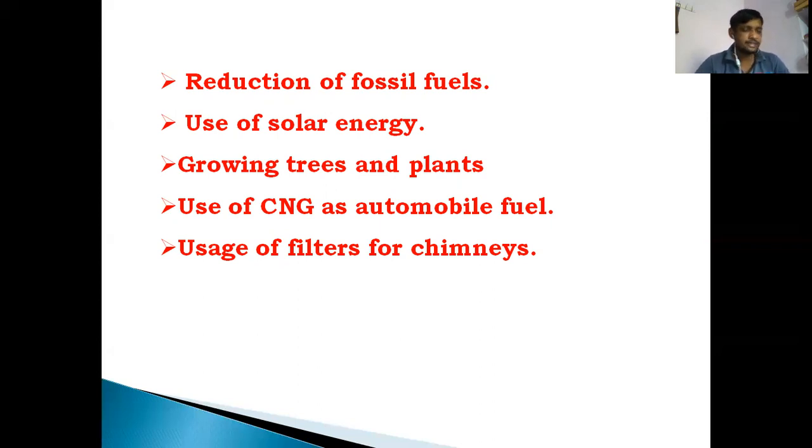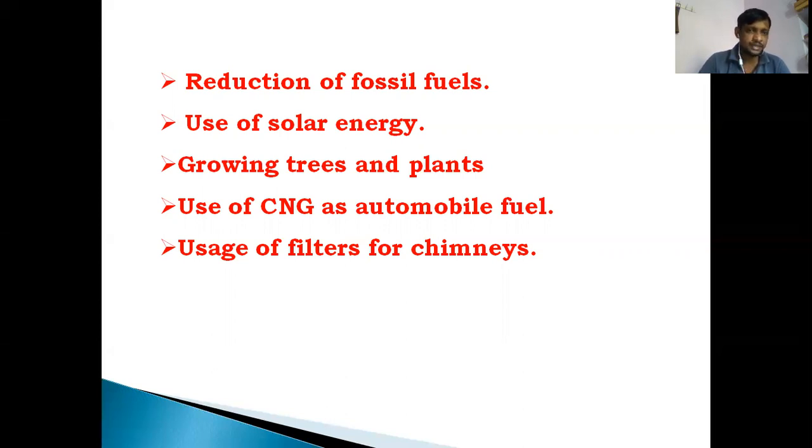I already said the main sources are carbon dioxide and sulfur dioxide. These gases evolve from thermal power plants and the automobile industry. And carbon monoxide is also from the automobile industry. If you inhale carbon monoxide, you will face breathing problems.